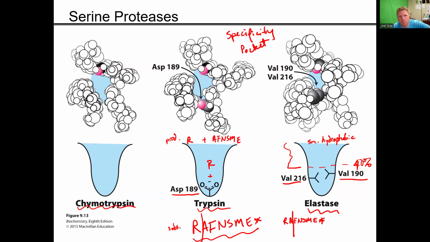No, it's a large polar residue, so it's not going to fit there. In addition to that, there's no peptide bond after that glutamic acid. So what elastase is going to do to this is make this and this peptide separate from one another.